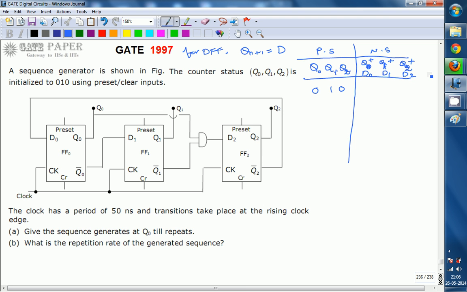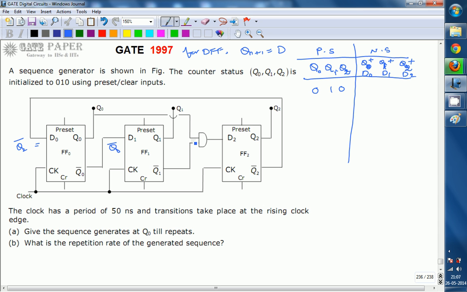If you observe D0, the connection for D0 is given from Q2 bar. So D0 is equal to Q2 bar, D1 is equal to Q0 bar, and D2 is the AND gate, the logical multiplication of Q1 bar and Q0.